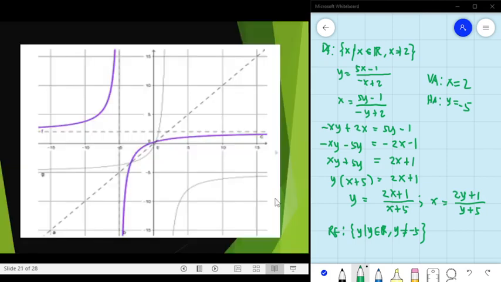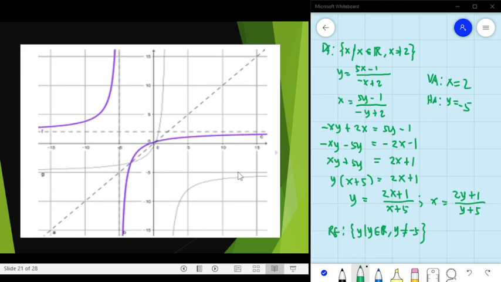Okay, next is the graph of the inverse. We have here the broken line y equals x, and the reflection of the original graph across it is this one.